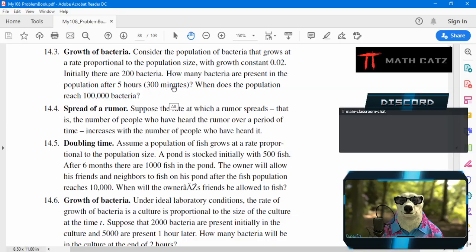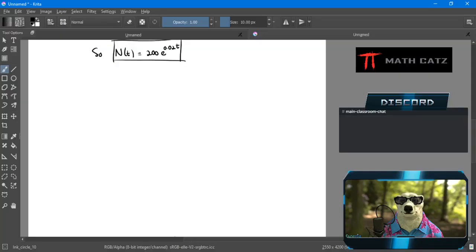And their first question is, how many bacteria are present in the population after 5 hours, 300 minutes? Now, they didn't say exactly what the time unit is. It's a first draft of this book. In this case, I'll just clarify that the time unit, I believe, is in minutes.